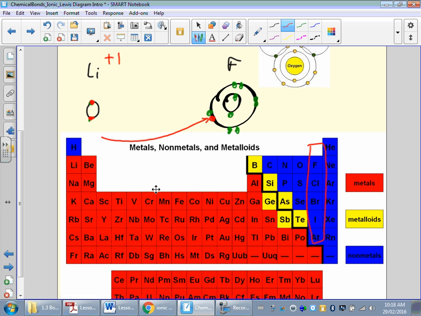The fluorine now has one extra electron compared to protons, and so it becomes F negative 1. So what we're seeing is that we now have charged ions, which is very important. Because they're opposite, there's going to be bonding that takes place, much like a magnet when you have opposites, or as we talked about in class, our favorite Hollywood stars seem to be following the route of opposites attract.